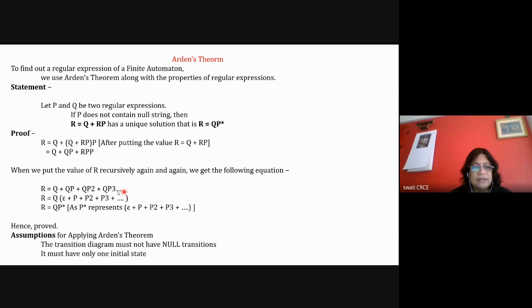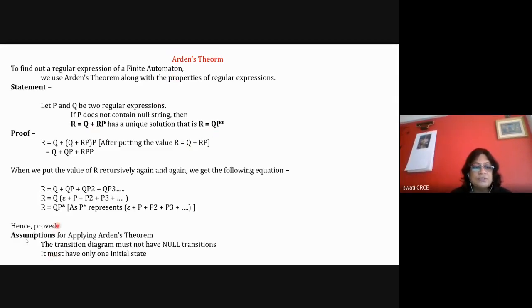Actually, it's not P2, P3, that is only P. So it is QP star. Hence we have proved that R equal to Q plus RP is nothing but R equal to QP star. So we can directly replace that.